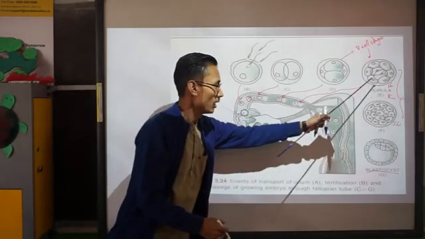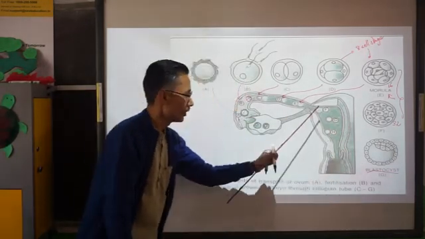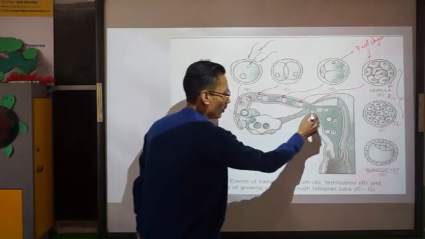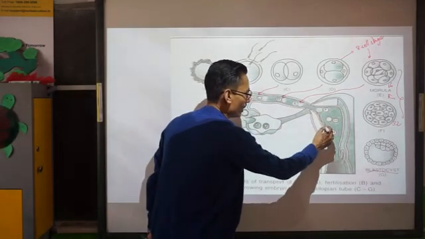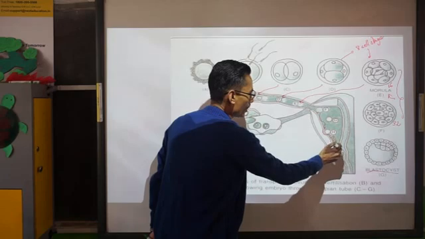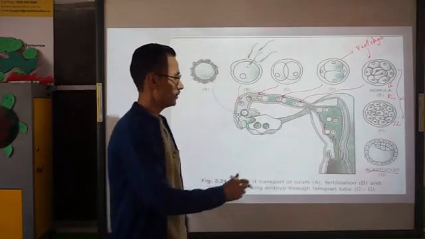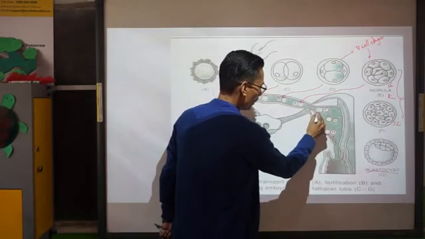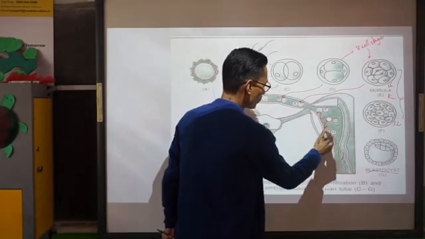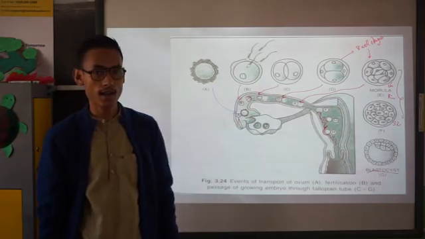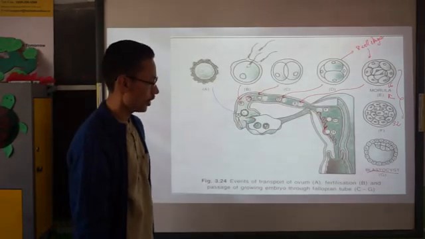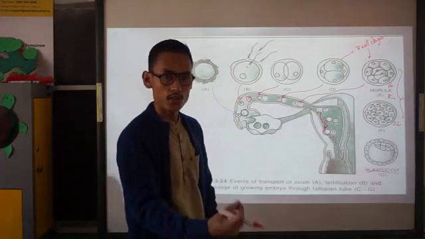So the morula now changes into a blastocyst. Now the blastocyst will come in contact with the endometrium of the uterus. Now the endometrium is the inner lining of the uterus, which is highly convoluted and highly glandular due to the action of the hormones progesterone and estrogens.